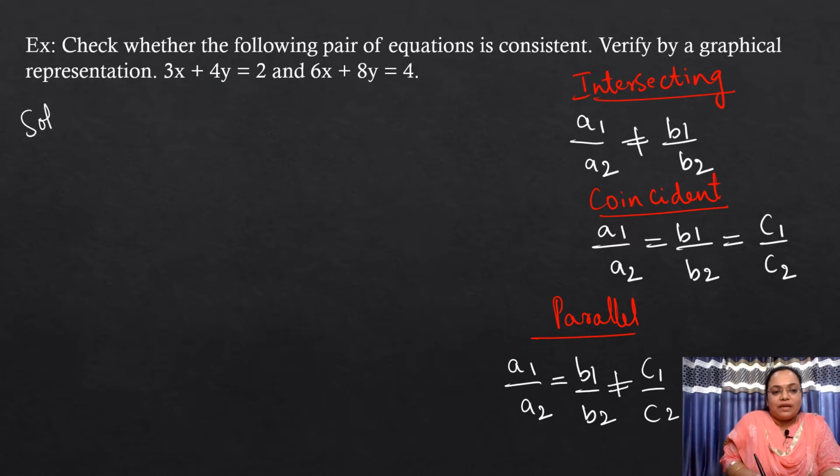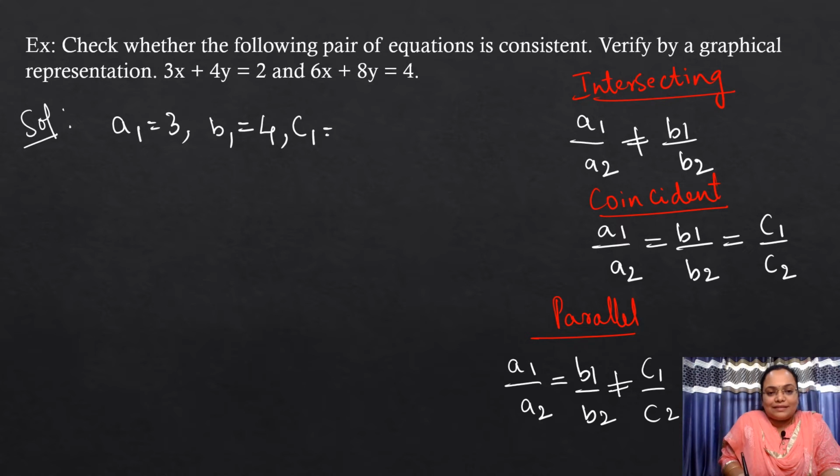So from the given pair of equations, if we compare it with the general form, A1 is equal to 3, B1 is equal to 4 and C1 is equal to minus 2. So A2 is equal to 6, B2 is equal to 8 and C2 is equal to minus 4.